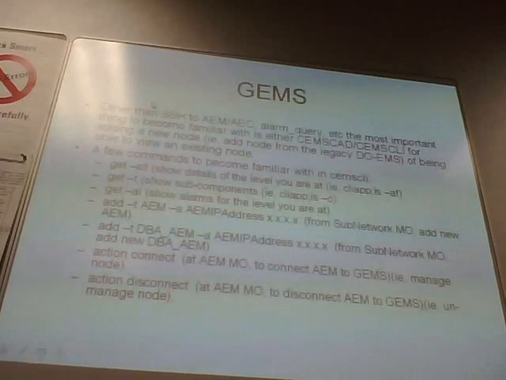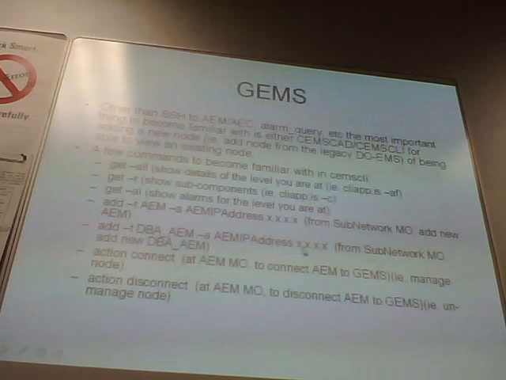Like on a Legacy DOM where we go to DOEMS and do an add node action. Look at this. You go to SimCLI, you can also do it from SimScan. Add -T, whatever type of AEM, either AEM or DBA underscore AEM. Base -A, AEM IP address. And then you have to change into that directory and do an action connect.